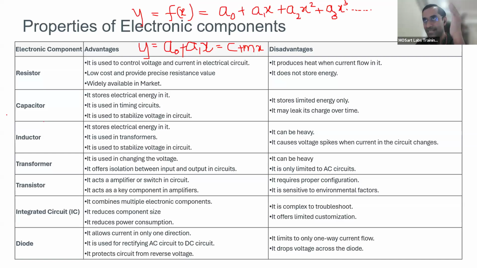Mathematically, this is a Taylor series expansion of any f of x. f of x is f of 0 plus f dash of x, plus f double dash of x by 2 factorial, and so on. This is nothing but this. It is a non-linear representation of a signal. Whenever you talk about non-linear systems, the easiest way to represent them mathematically is this. Now let's apply the same rule.